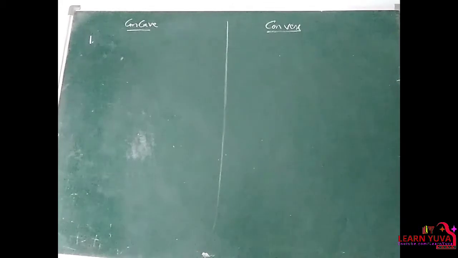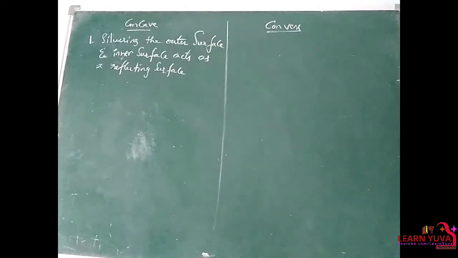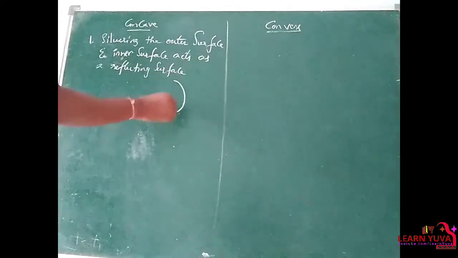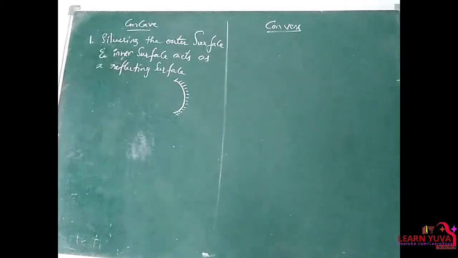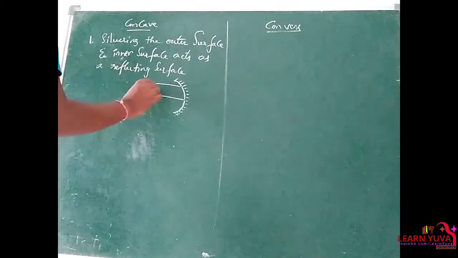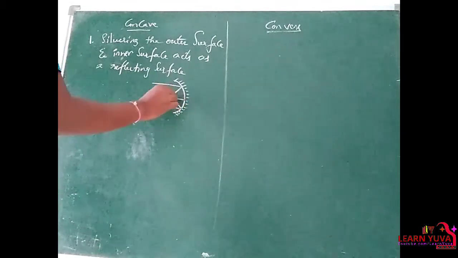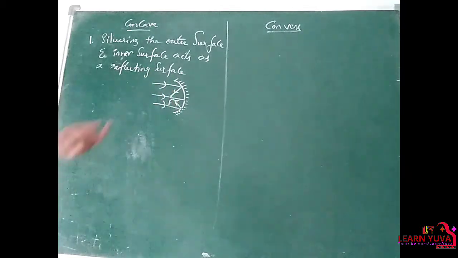So the differences between concave mirror and convex mirror. The first one is, in the case of a concave mirror, the outer surface is silvered. That means the outer surface is coated and the inner surface acts as a reflecting surface, like this. So for this, the reflections will be from the inner side of the mirror.